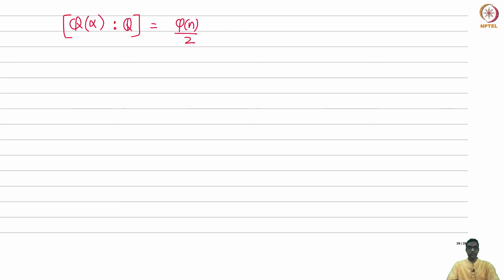Now recall constructibility of a real number. When is it possible to construct a real number? We have seen all this.